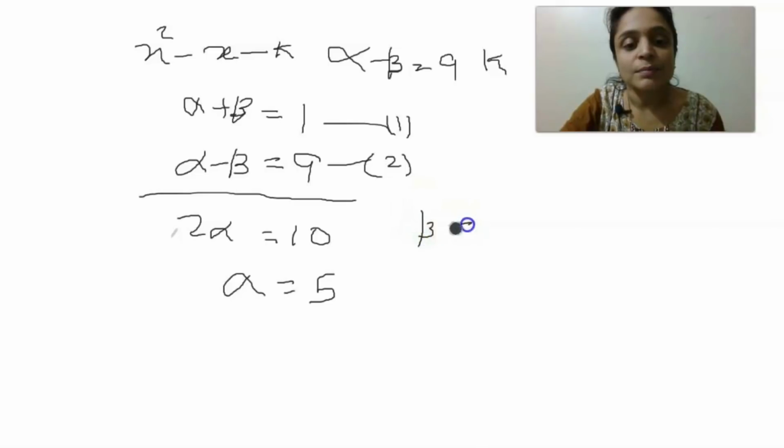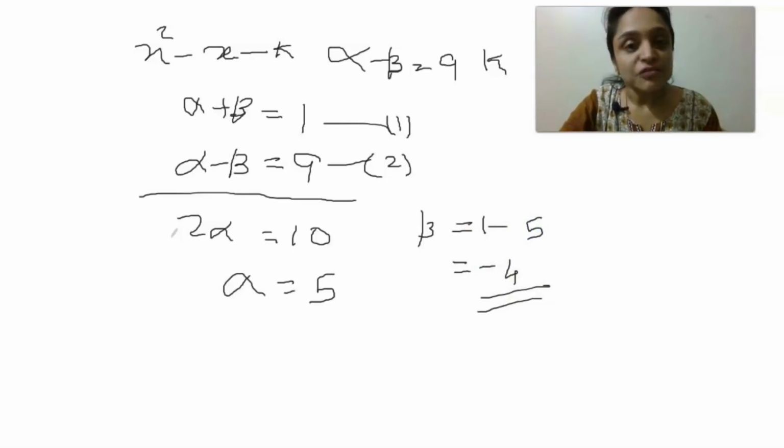Beta equal to 1 minus alpha, that is 1 minus 5 equal to minus 4. So alpha is 5 and beta equal to minus 4. Now we have to find the value of k here. It is the constant term c. And we know that alpha into beta equal to c by a.